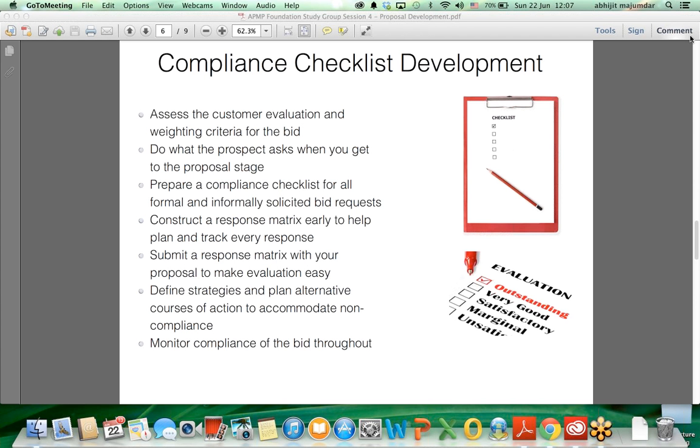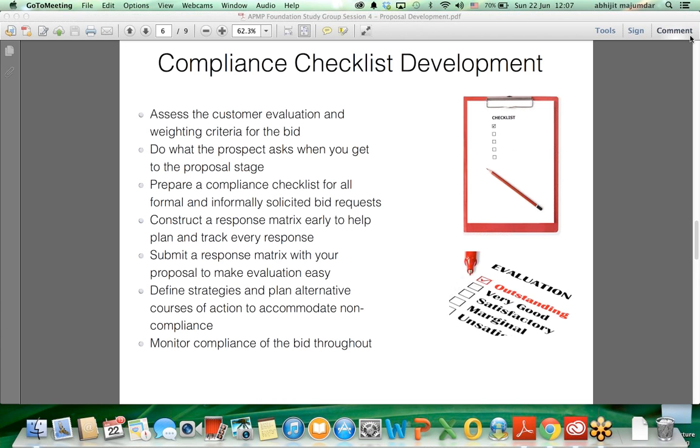And it is always a good practice to use your response matrix as the first part, after your TOC, to guide your evaluators to where exactly you want to take them in response to a particular compliance requirement.